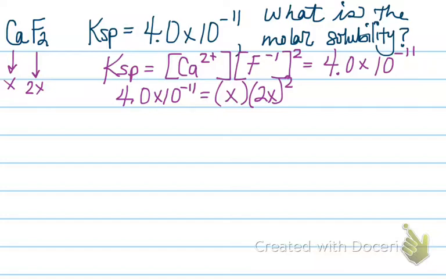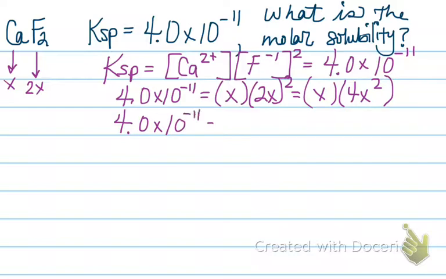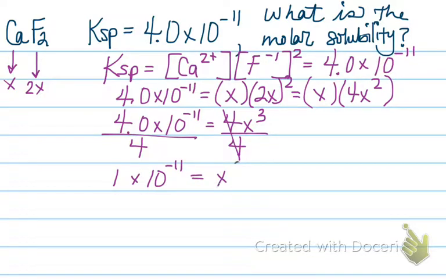If we start to solve this out, you have x times 4x squared. I'm going to jump down a line so this looks a little better. 4 times 10 to the negative 11th is equal to 4x cubed. So we can divide both sides by 4, and you should hopefully be able to do that. That's 1.0 times 10 to the negative 11th is equal to x cubed.